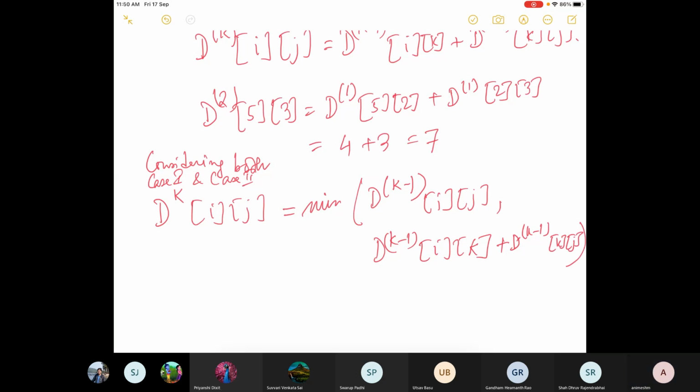This is how you compute the next iterative value of the D matrix.